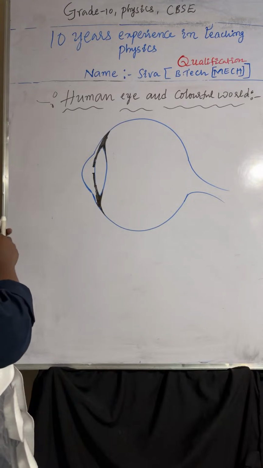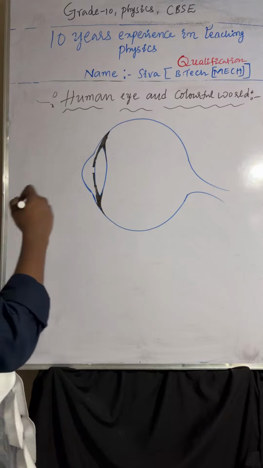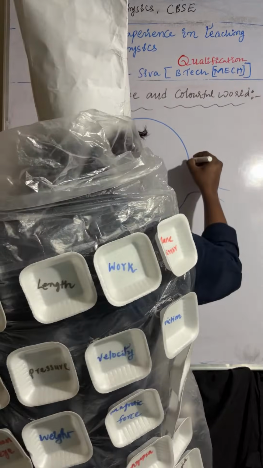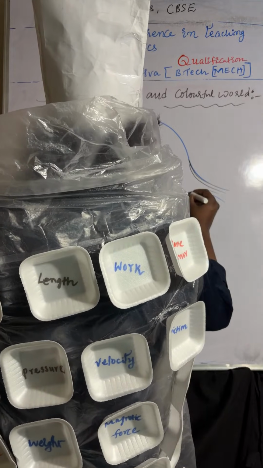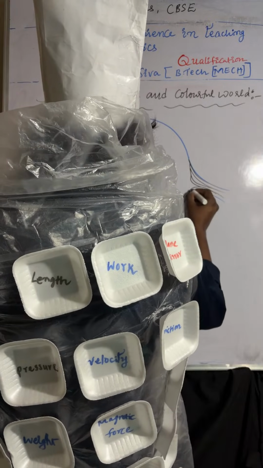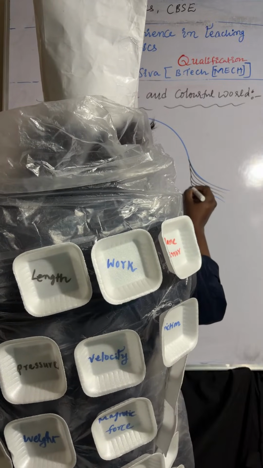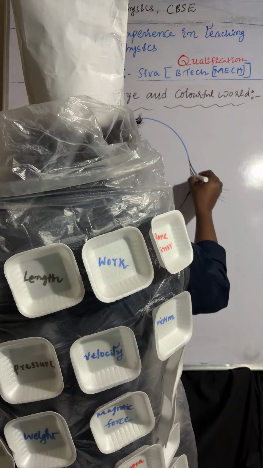Now you can observe the frontal layer, the protective layer of the eye. Most of the refraction takes place at this part, and this one is the iris. This is about the optic nerves.